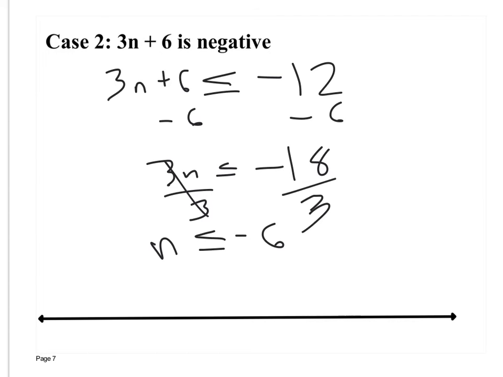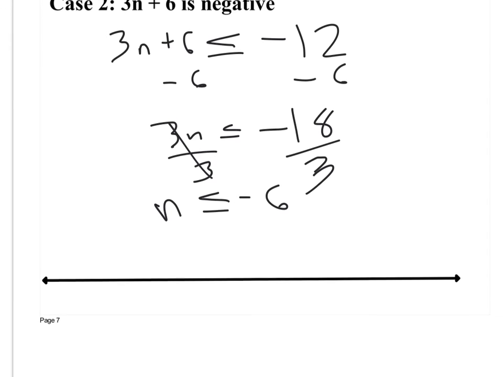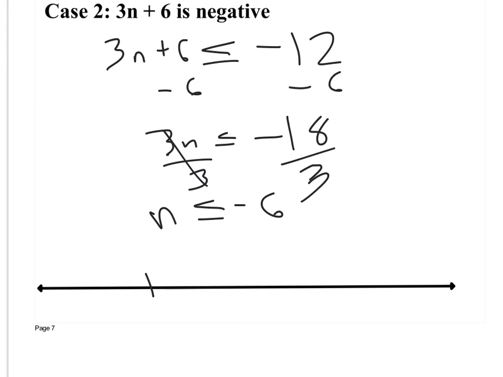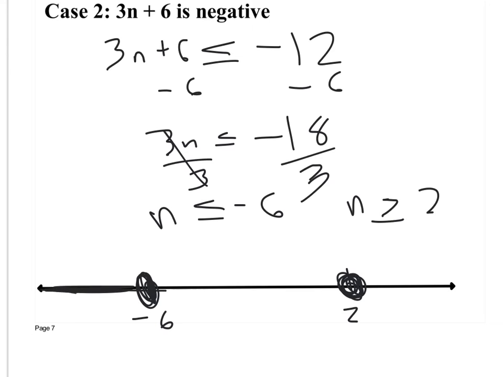So I need to graph those. I've got negative 6 here. I've got 2 here, because don't forget, you have n is greater than or equal to 2 as well. So it's a closed circle at 2. Closed circle at negative 6. But they're going opposite directions. n is less than or equal to negative 6, so it's going to the left.